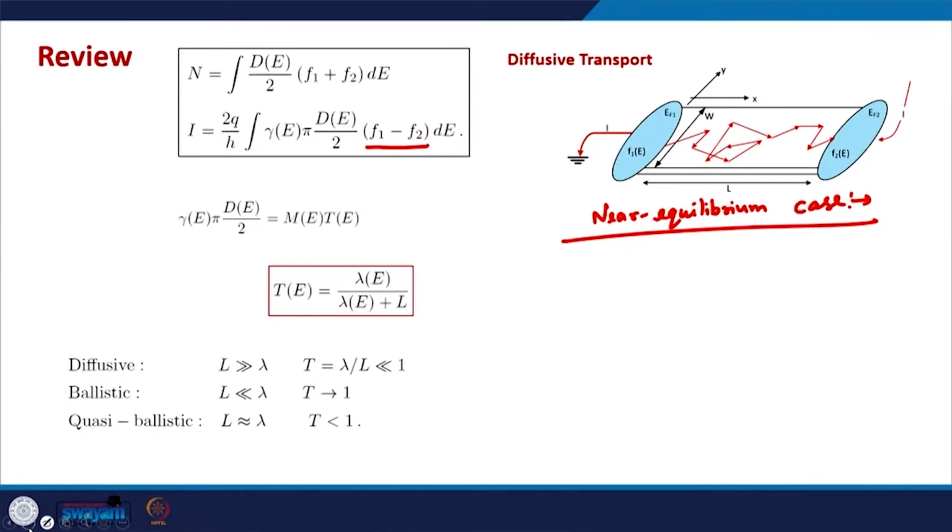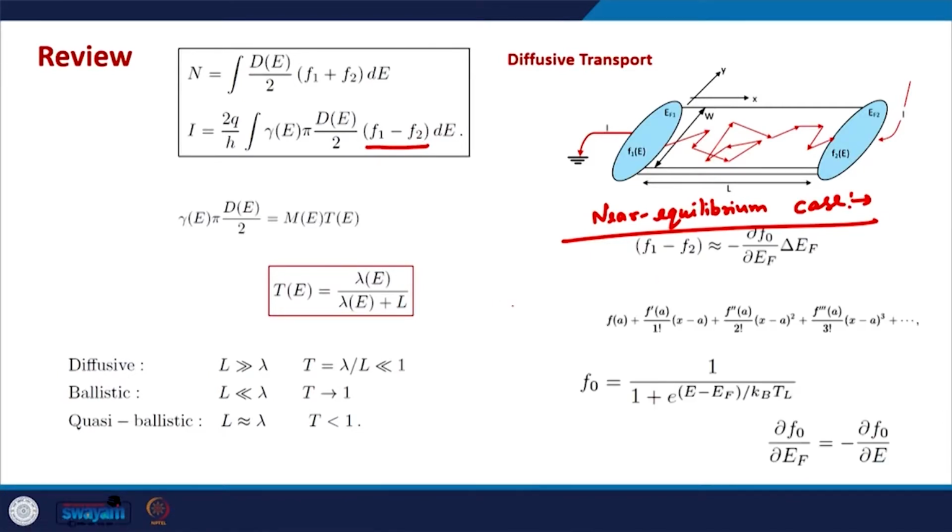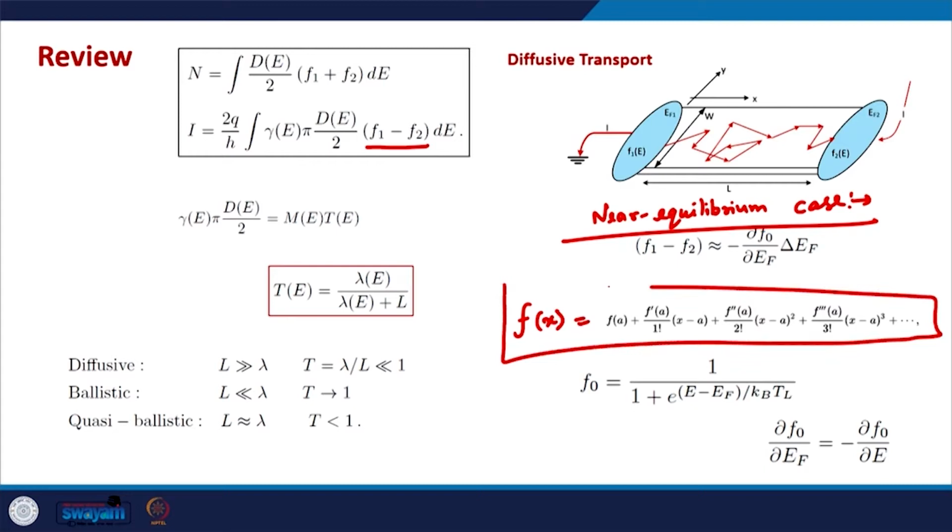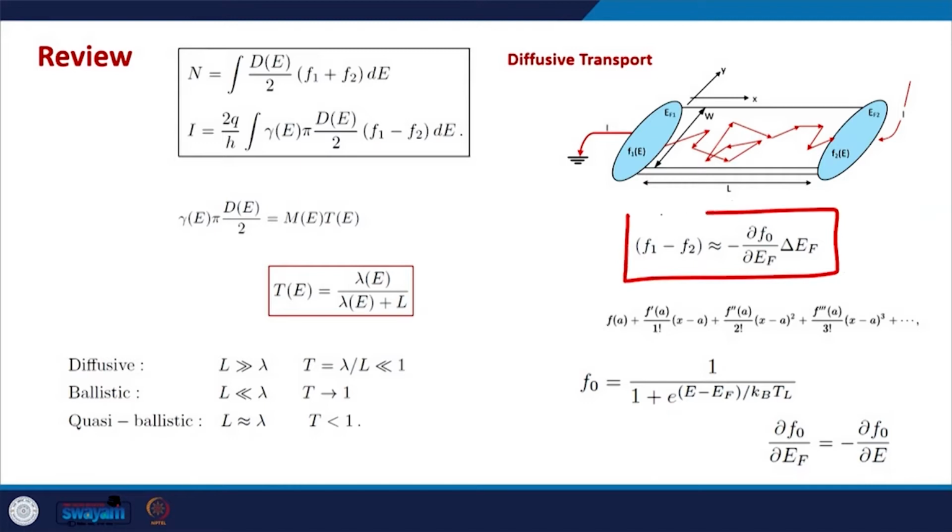In that case, by using Taylor series expansion of a function, we could deduce that the difference between the Fermi functions, F1 minus F2, is equal to, actually it is a matter of convention, in some references it is assumed that delta EF is minus Q times V, and in that case this difference will be minus del F naught by del EF, delta EF.